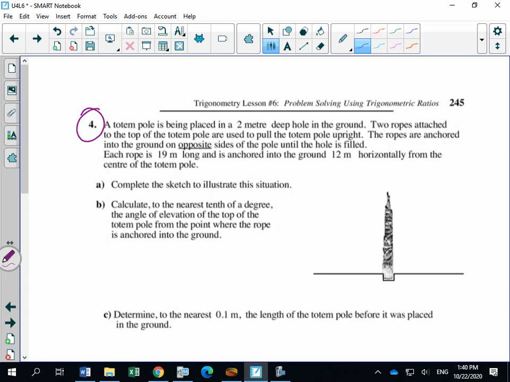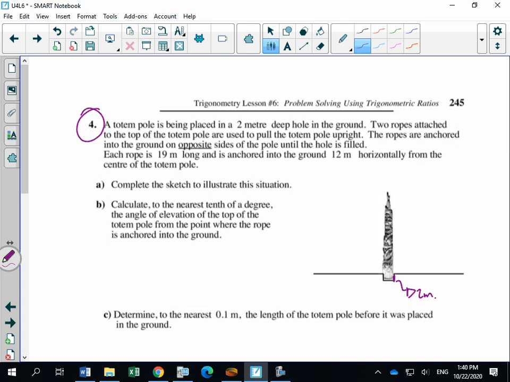Okay, so what number 4 says is a totem pole is being placed in a 2-meter deep hole in the ground. So label where the 2 meters is. So this little hole here, that is going to be 2 meters. And then it says 2 ropes are attached to the top of the totem pole, and they're used to hold the totem pole upright.